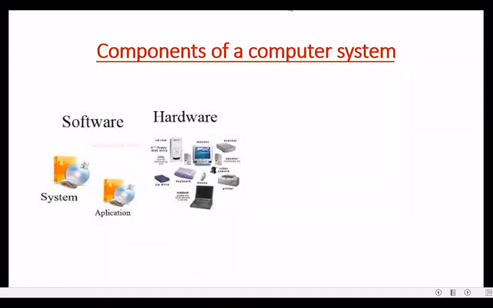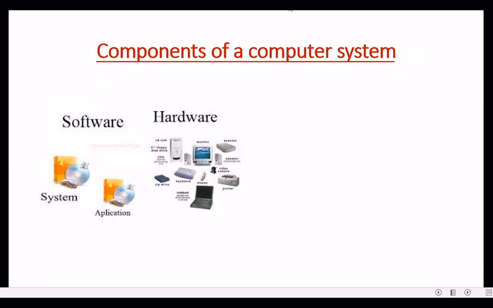Whenever we talk about Windows, we should know what is the use of Windows in a computer. What is its functionality? Why do we need Windows in a computer? These are very vital, very important questions that we must know whenever we study a computer.